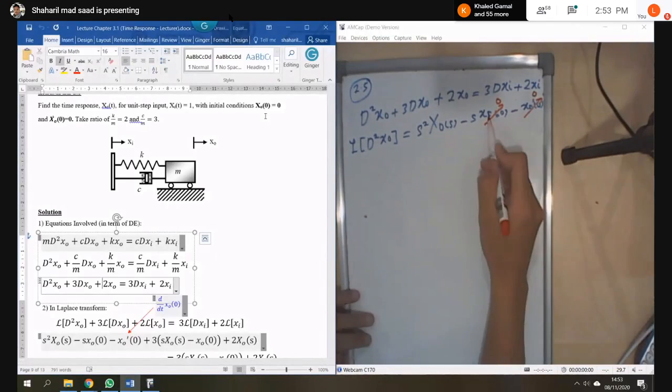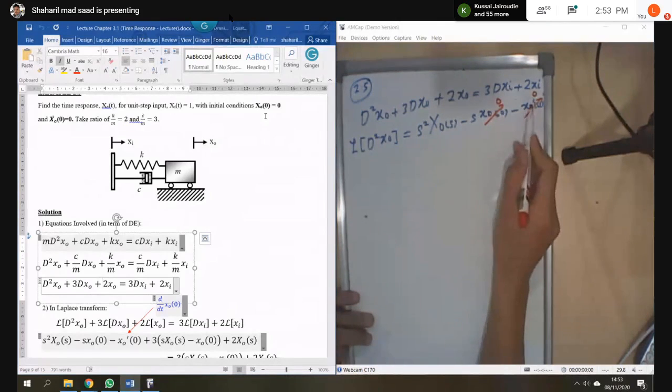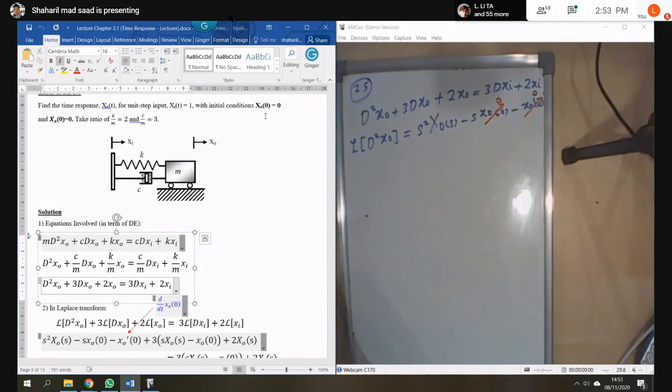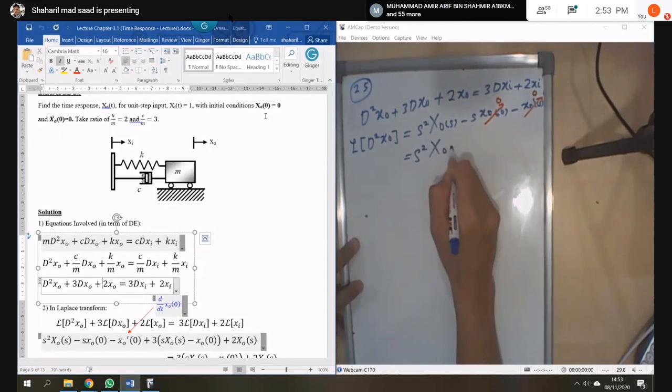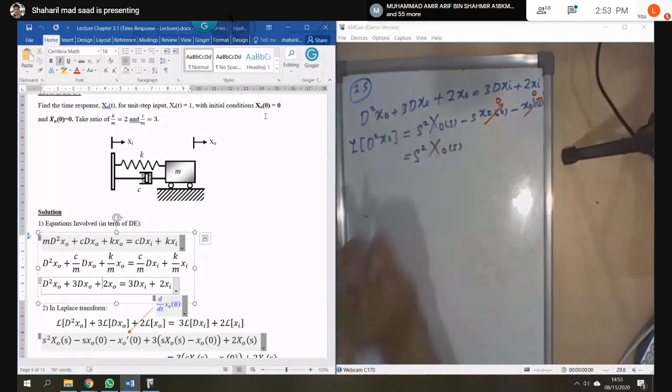At time equal to 0 there is no displacement, and of course the rate of change is also 0. So now we only have s squared x naught of s left.